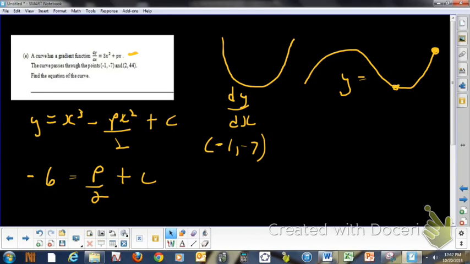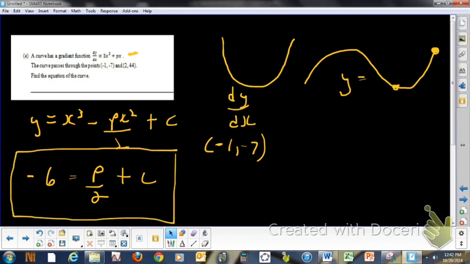So you work it out. If you put in -7 for y and -1 for x, it simplifies into this, which presents me with a problem, because now I've got 2 unknowns.